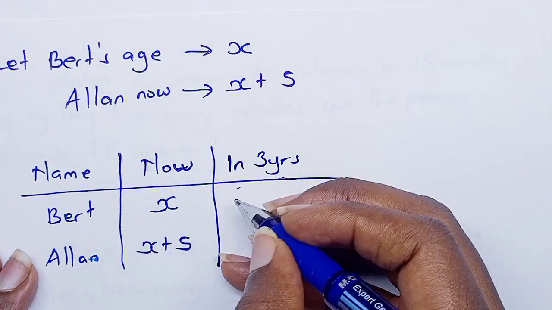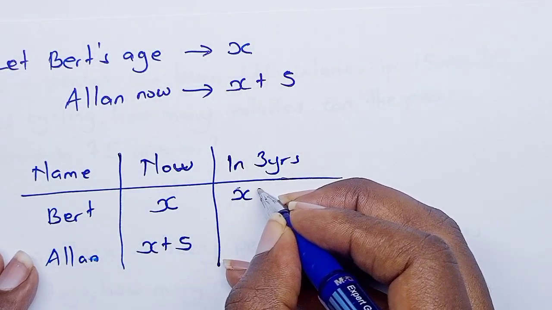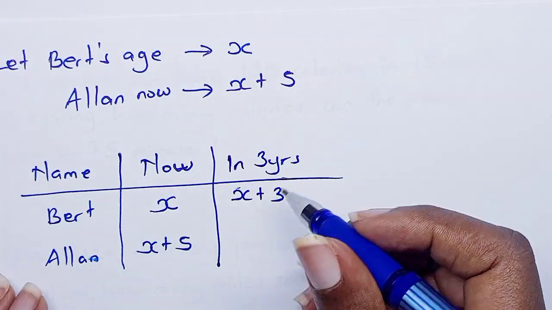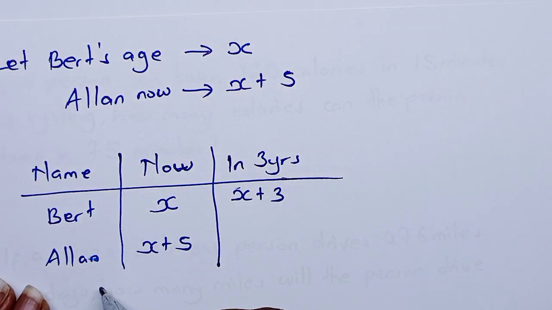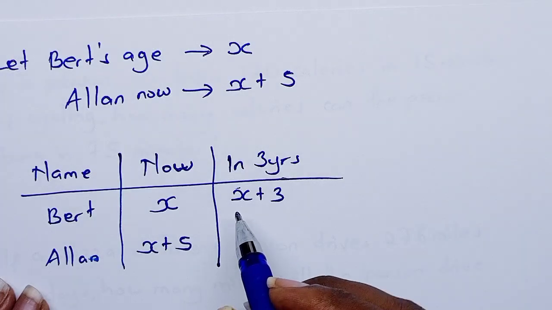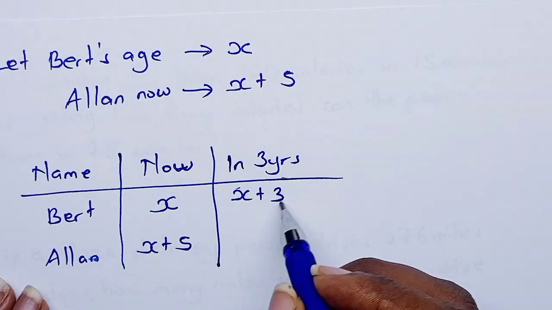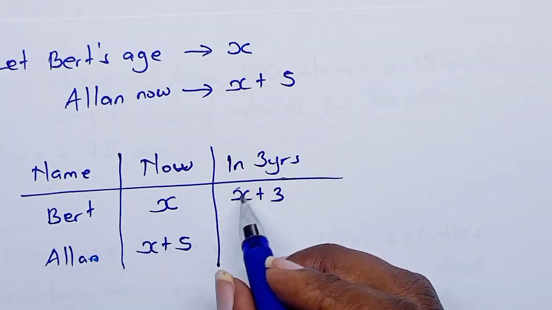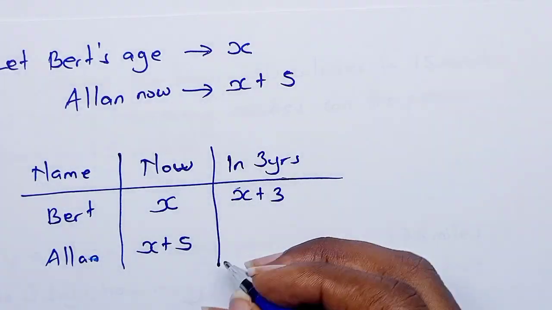So in 3 years, Bart will be X plus 3, right? That means Alan, we've been told he will be twice Bart's age in 3 years.